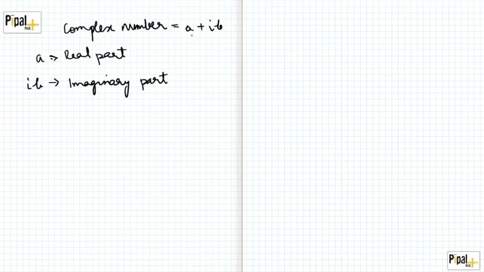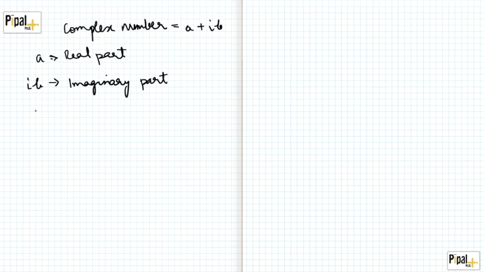Now clearly there's no way we can solve this to come up with a single answer, so we'll have to leave a complex number at A plus IB, right? So we have A, the real part, and IB, the imaginary part of this complex number.